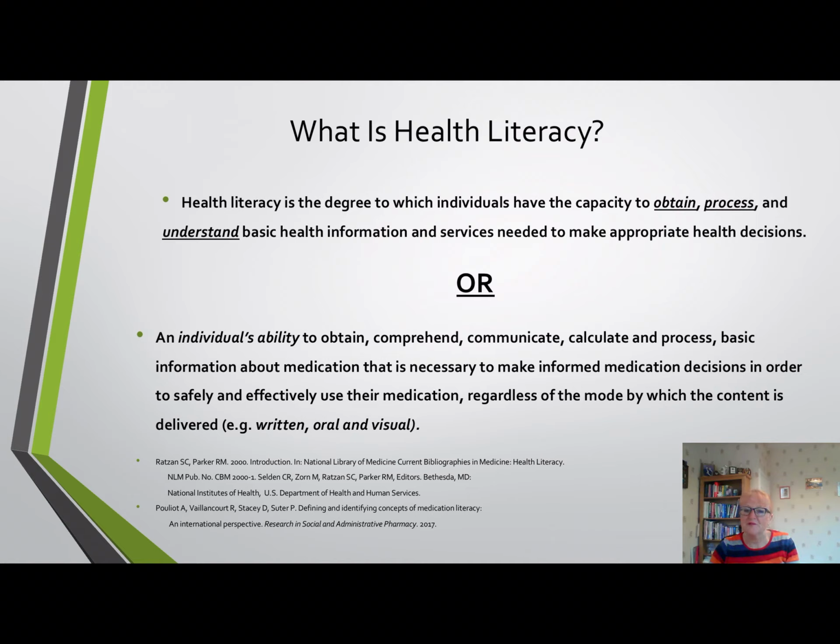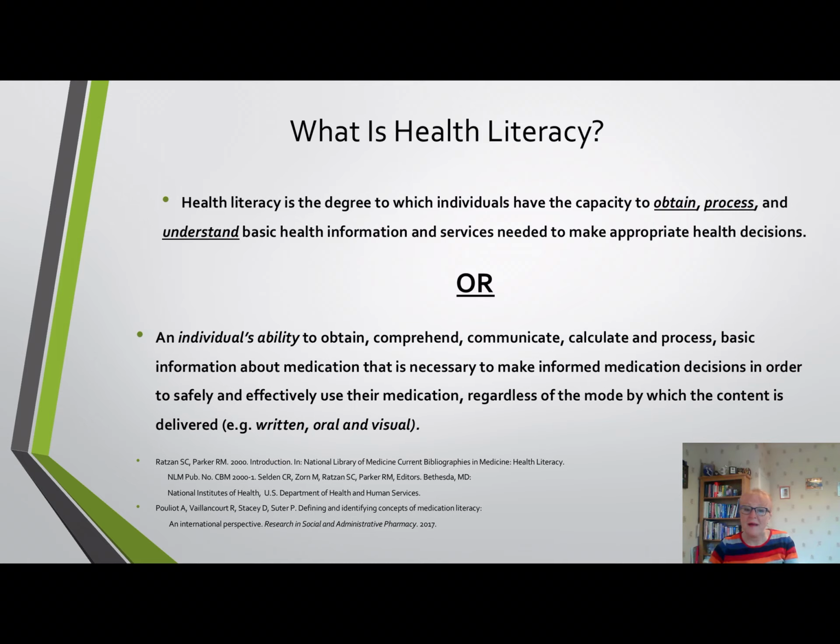Also in this definition, you will see that it says calculate. A lot of medicines, they would need to calculate the dose. We have some medicines where you may need to start off on a small dose and then increase the dose. So the patient would need to calculate how much medicine they need to take.